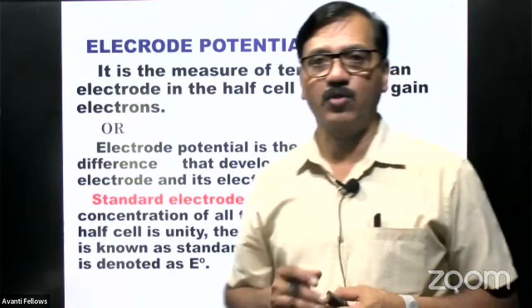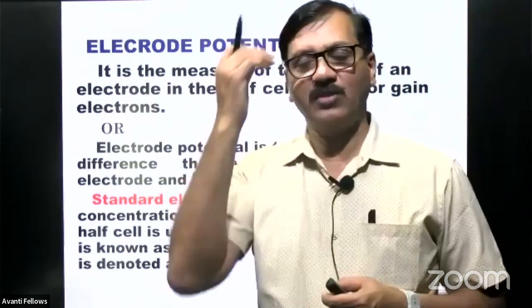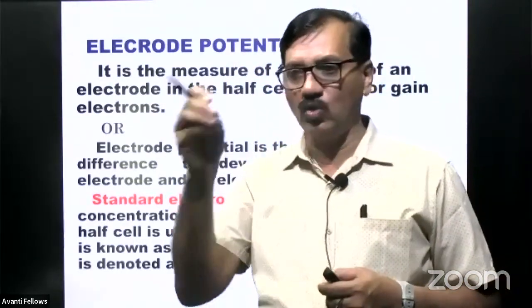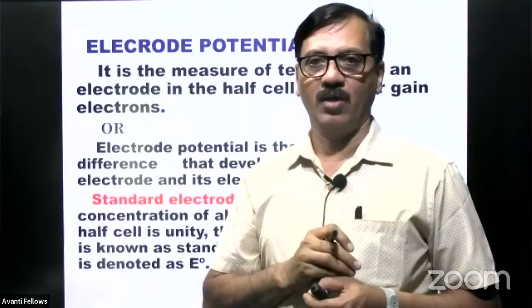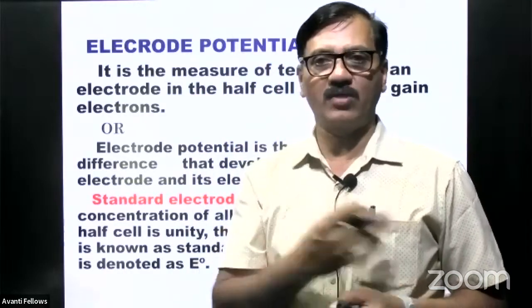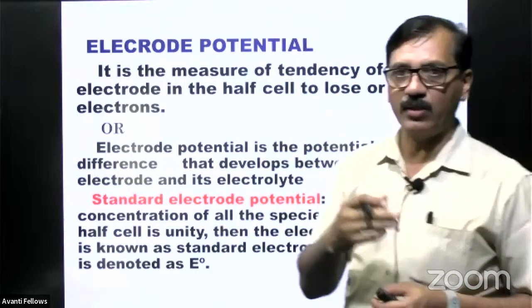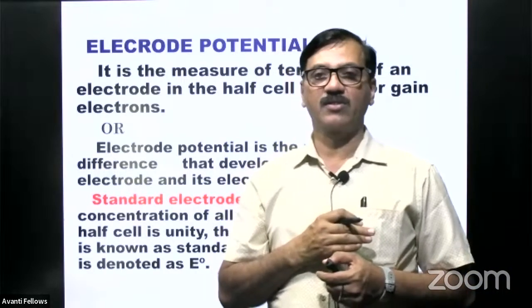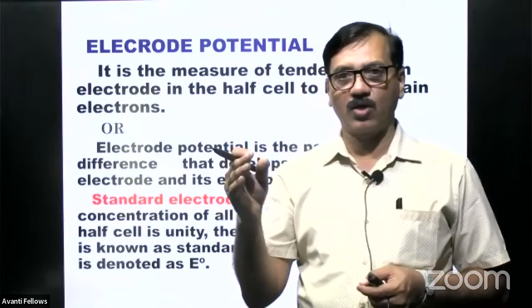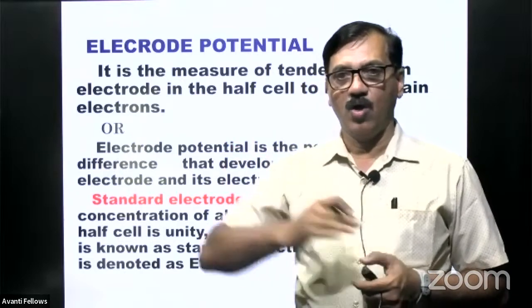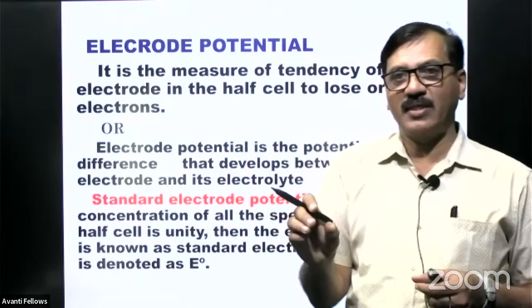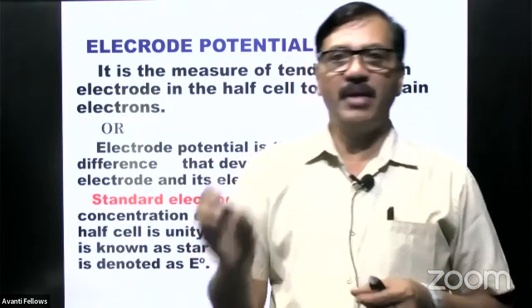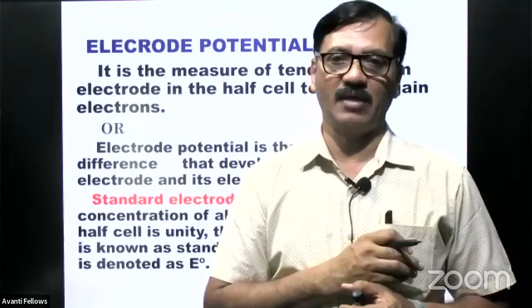Now, what is meant by electrode potential? The electrode potential is the tendency to lose or gain electrons when the metal is dipped in its own ionic solution. The metal may lose electrons and form an ion, or the ionic species present in the solution may get reduced to the metal itself.